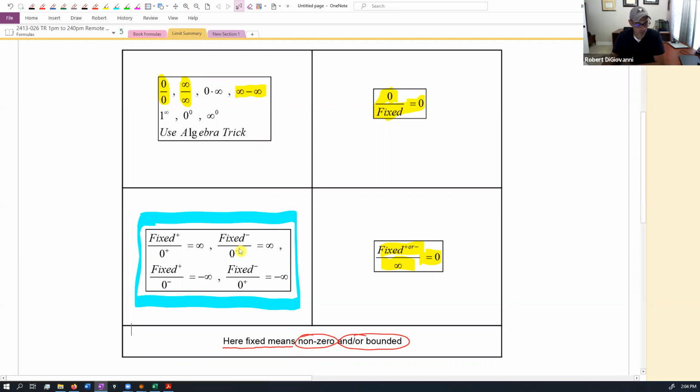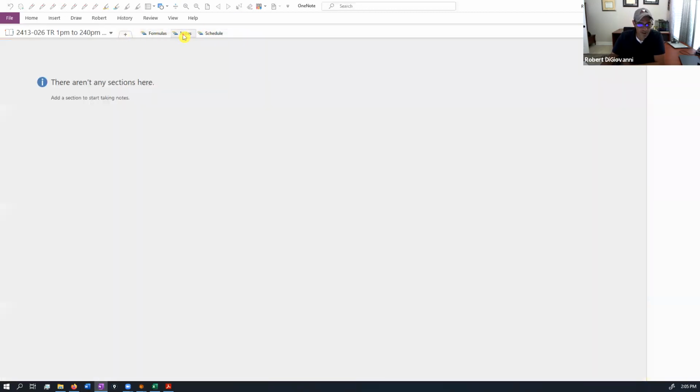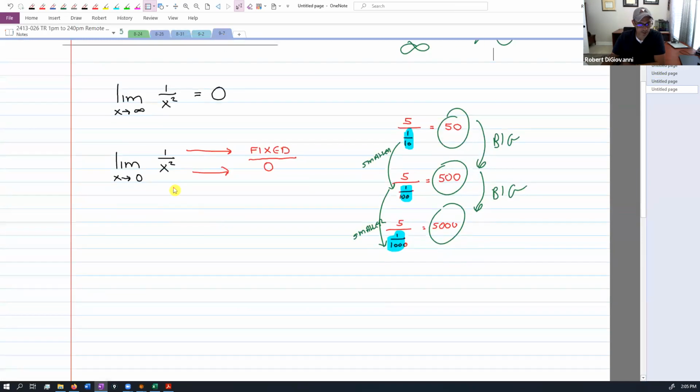So let's get back to this question that I put up here. What's happening as we head to 0? For the first time ever, we are getting this form. Anytime we see this form, there are 3 possible answers.